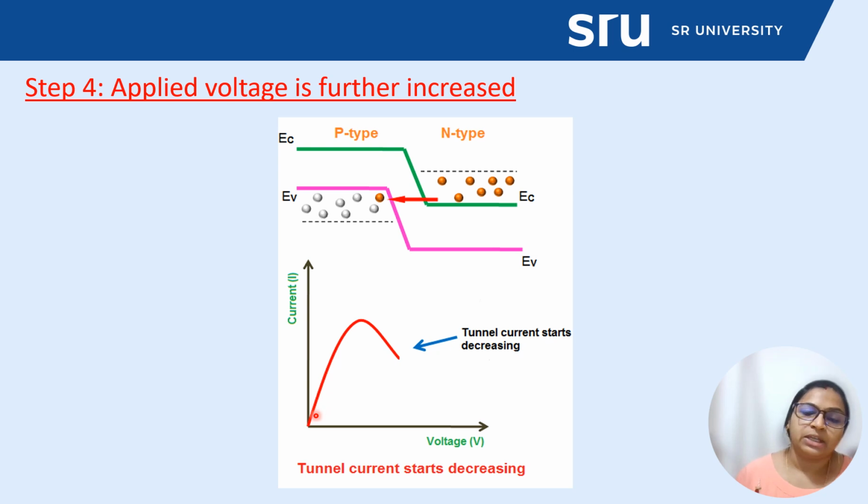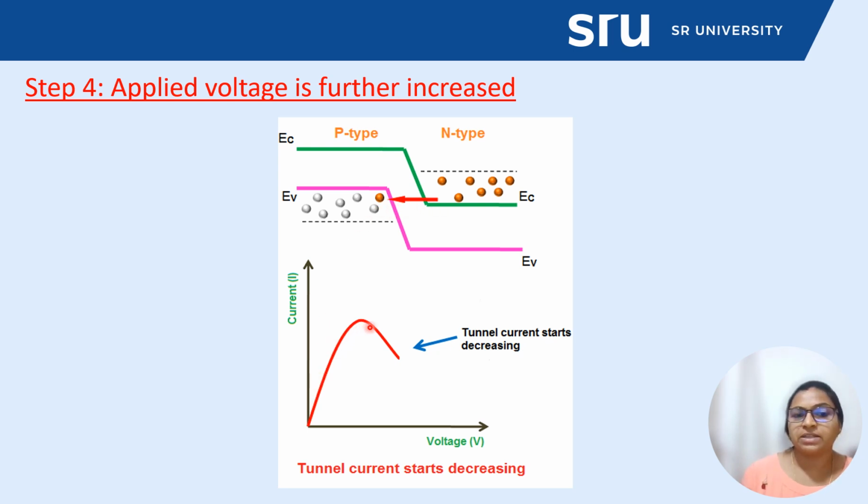Initially, where we are not giving any bias voltage, there is no current. If we give very little voltage, less than the built-in potential, a small amount of current flows, and as we increase the voltage, we get the maximum tunnel current in this region. Where we get the maximum current, the alignment of the conduction band level and the valence band level of the p side is in the same line.